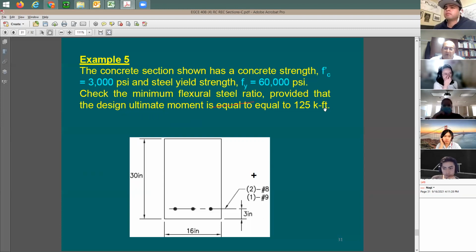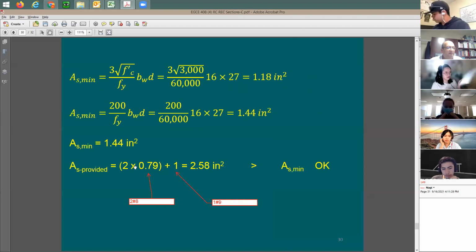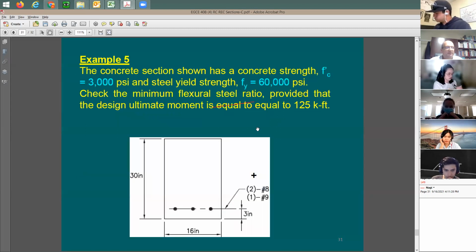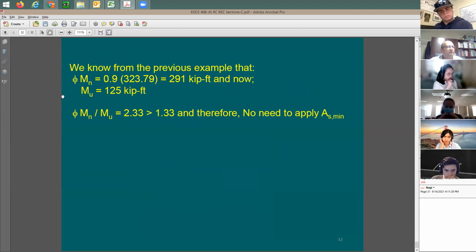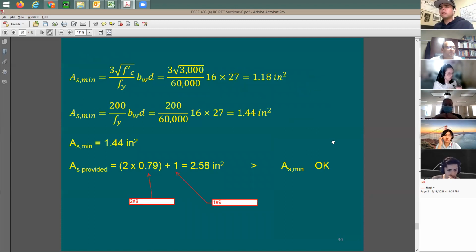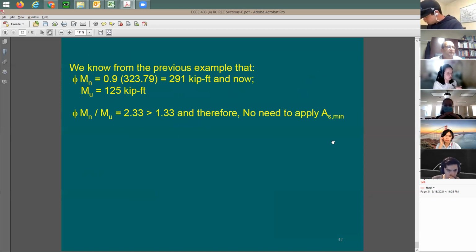So now I know how much AS I have provided, and I have it solved already in the previous example. We said provided 2.58, excuse me. Now how much is needed? This could be the question. It's going to take me some time before I figure out how much is needed for this given demand.